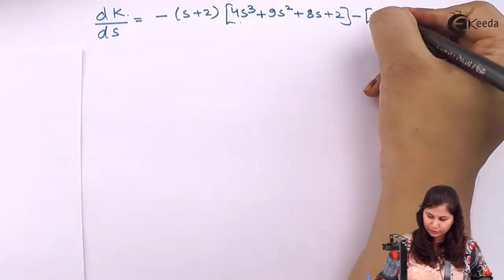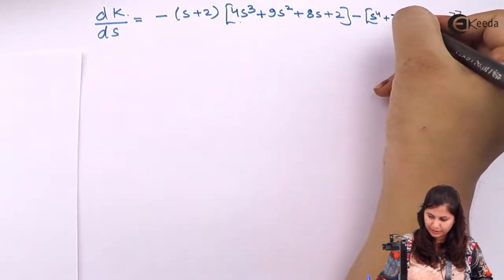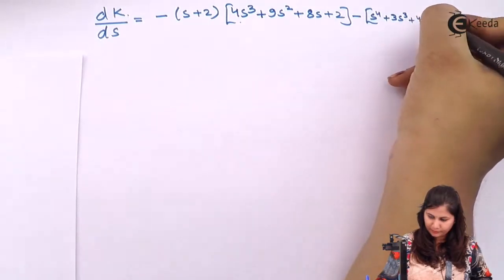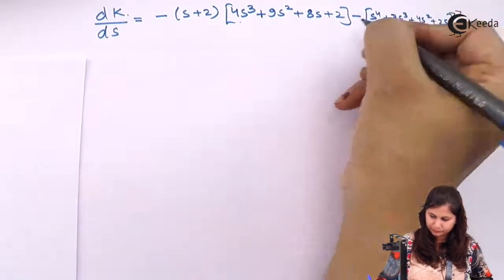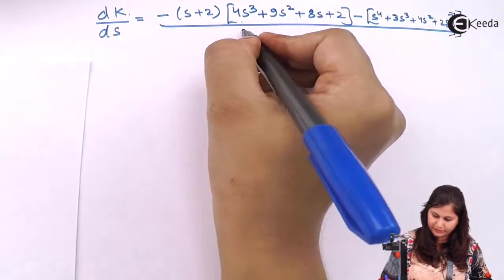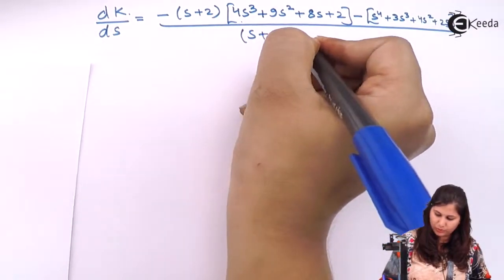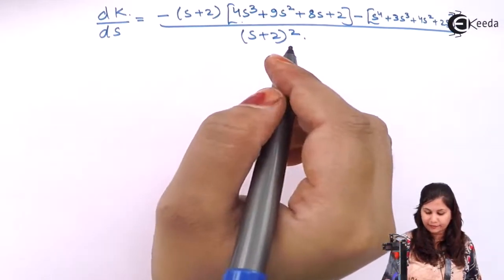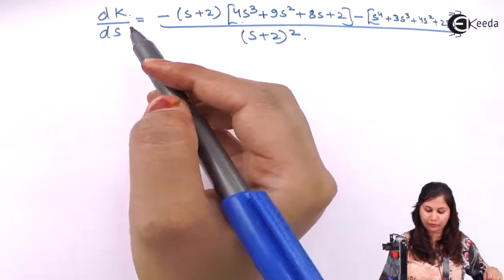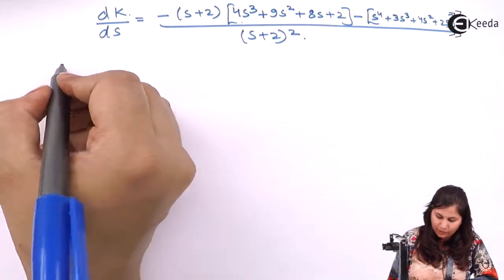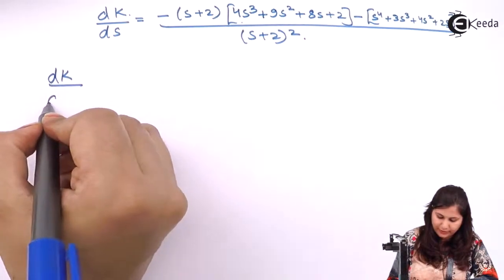So we write s to the power 4 plus 3s cube plus 4s square plus 2s, and in the denominator we have (s plus 2) whole square. This is the differentiation of K with respect to s. Now equate it to 0.